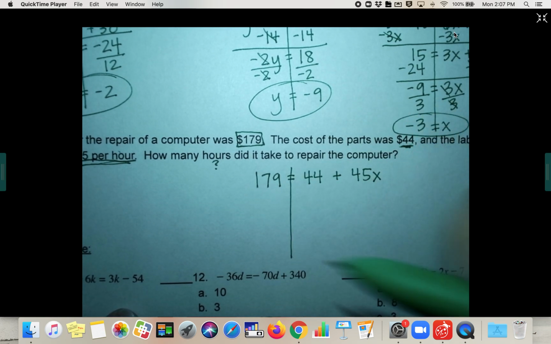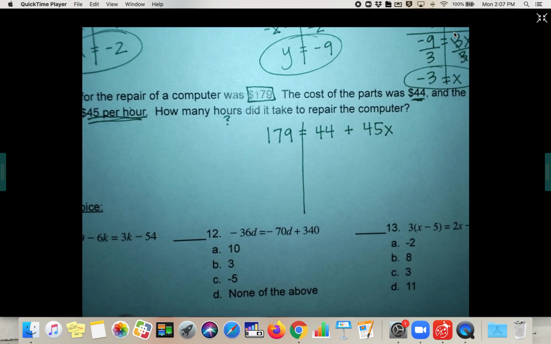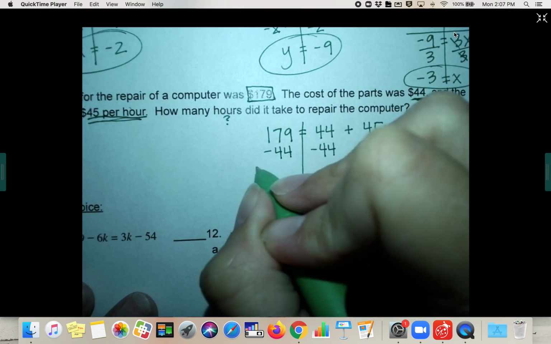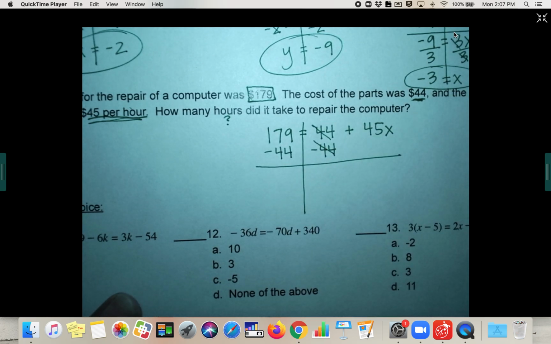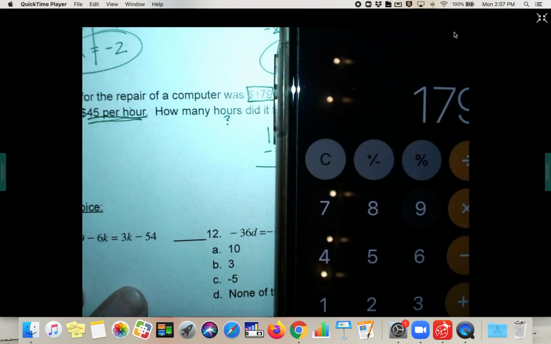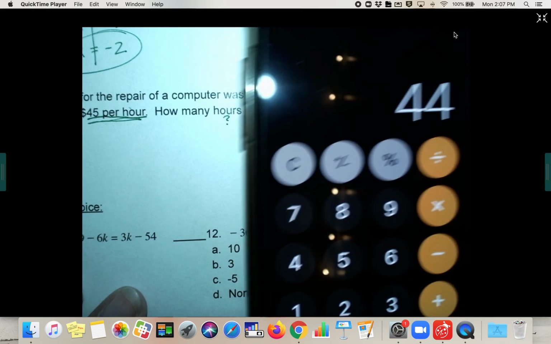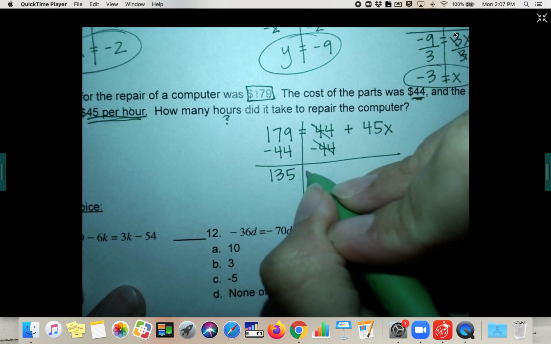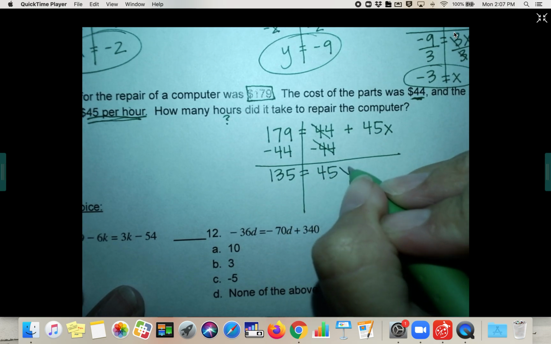And then you could just go through and solve it, just like a basic two-step equation. So I would subtract 44 from both sides first. 179 minus 44 is 135, and that equals 45x.